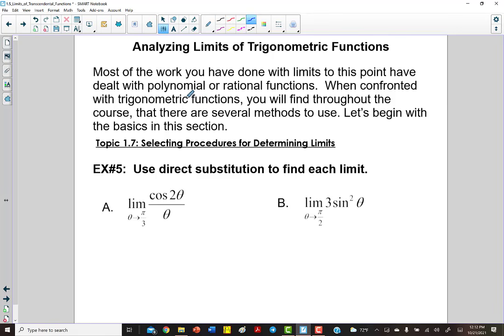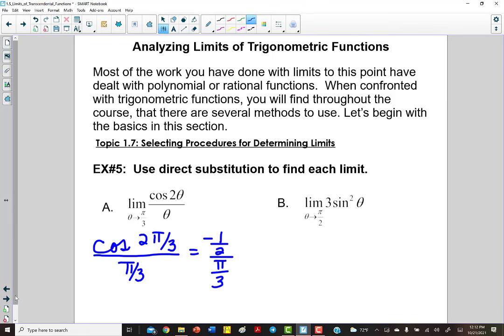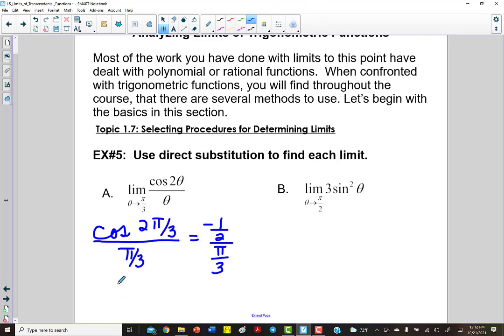And then looking at these to analyze trig functions next, let's think about the limit as theta approaches pi over 3. So we could do direct substitution here, and cosine of 2 pi over 3 is negative 1/2, and we're going to divide that by pi over 3. So negative 1/2 divided by pi over 3 is a safe stop if it was a free response.